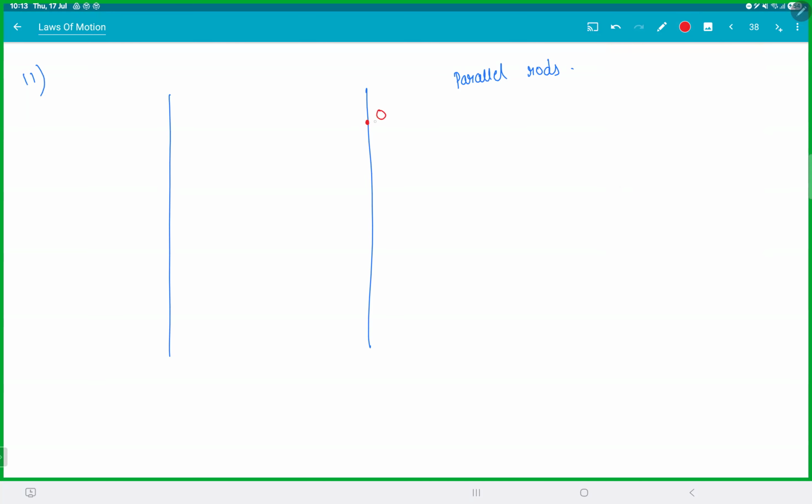So at this point, the string is there. You have a ring here. This is ring A. This is ring B.